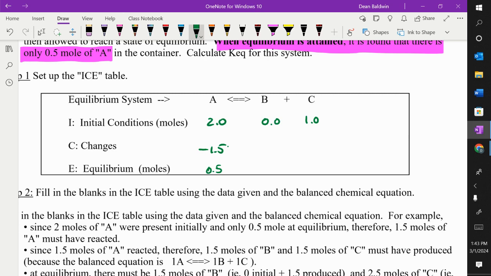How many moles of B did we gain? 1.5. It's a 1-to-1 relationship. For every mole of A, you gain 1 mole of B and 1 mole of C. So we gained 1.5. How many moles of C did we gain? So at equilibrium, we have 0.5 moles of A. How many moles of B? 1.5. How many moles of C? 2.5.